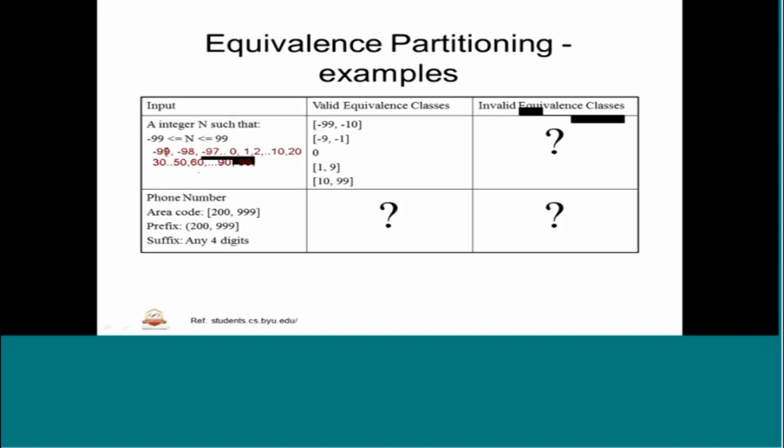But do we need to have all this? We know that these are all valid. You agree? But it is still not an equivalence class. It is just a valid input value that n can take. Minus 99 it can take, minus 98 it can take, 97, etc., up to plus 99. So these are all test cases, but we don't need to have all of them.